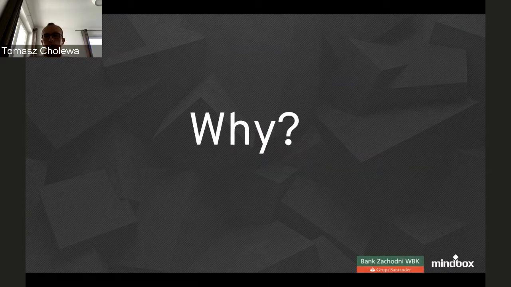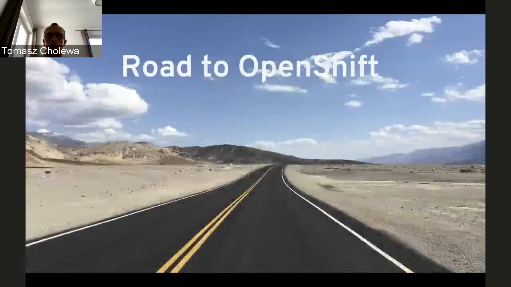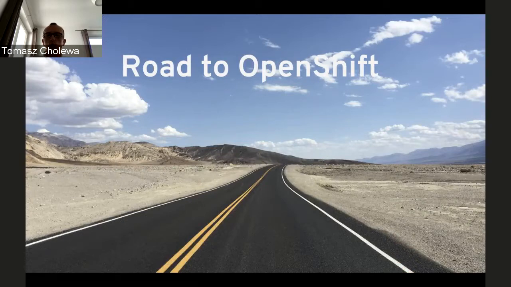David will tell you more about how, well, actually, David and his team managed to create secure container images, and we will start also with something that we called Road to OpenShift.